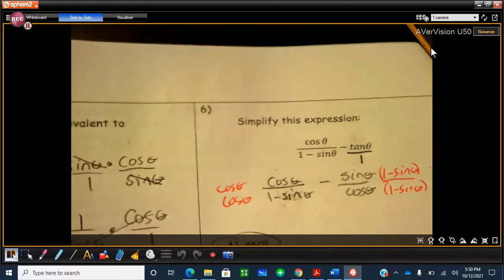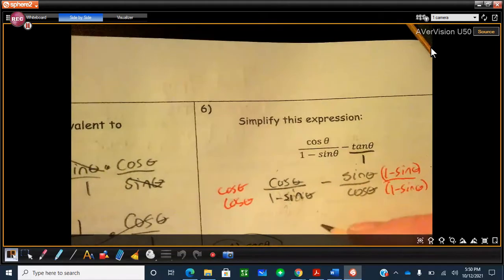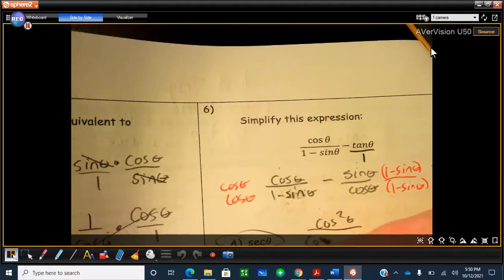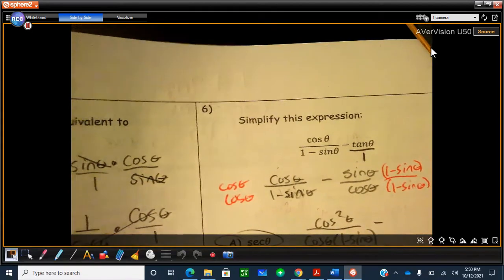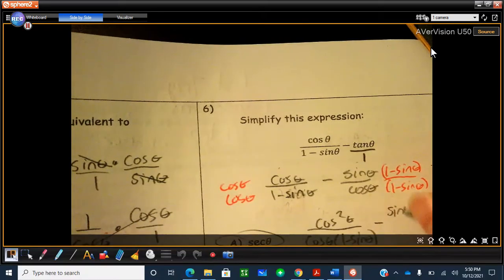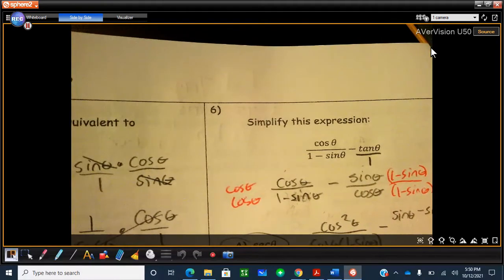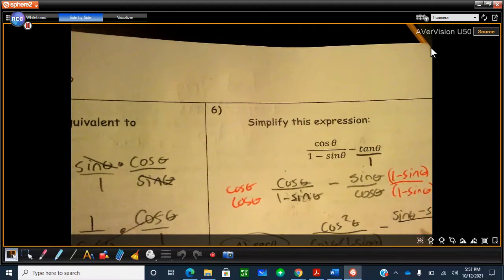And then when I do that, up here I'm going to get cosine squared theta over cosine theta times 1 minus sine theta, minus sine theta minus sine squared theta over cosine theta times 1 minus sine theta.